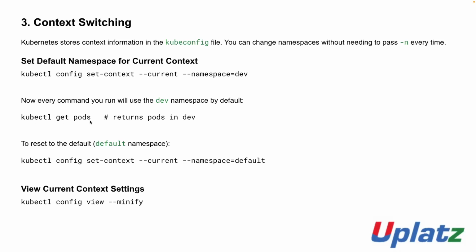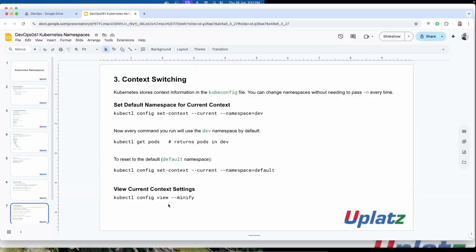This one, get pods, returns pods in that namespace. To reset to the default namespace: kubectl config set-context --current --namespace=default. Now view current context settings: kubectl config view --minify. So let's try this.